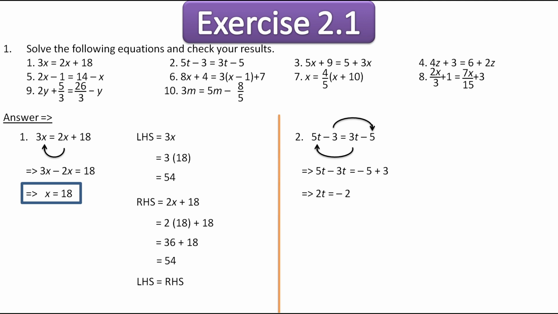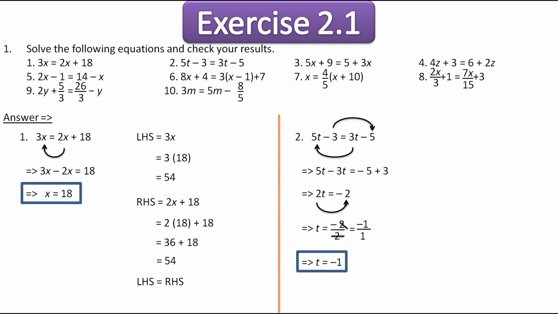Means we have to divide the other number by that number. So I'll send this 2 to the right hand side by shifting it to the denominator. That means it will become minus 2 upon 2. Now 2 ones are 2 and 2 ones are 2. So we got t as minus 1.